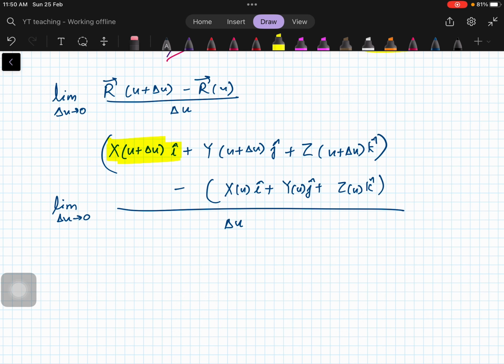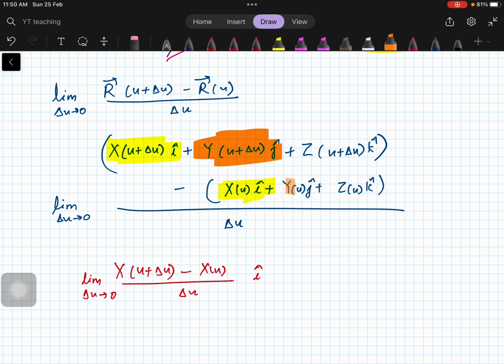You can combine this term and this term because they both have i cap. So I have limit del u going to 0 of x(u plus del u) minus x(u) divided by del u, with i cap. And similar thing I can do for the j cap terms, right? So I will be having limit del u going to 0 of y(u plus del u) minus y(u) divided by del u, j cap.